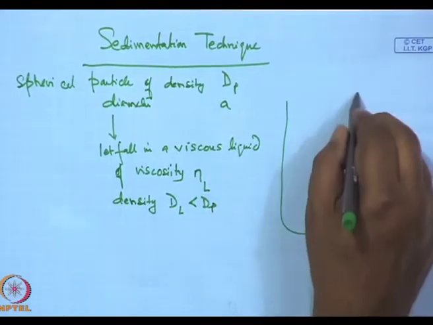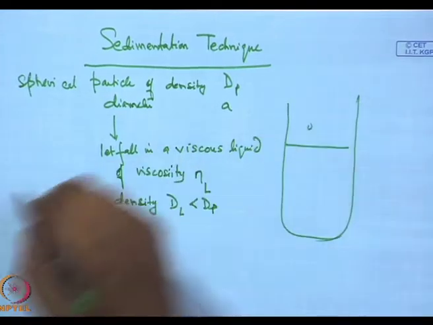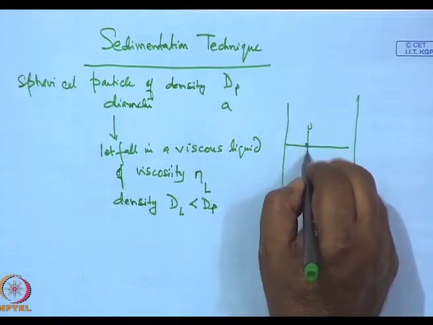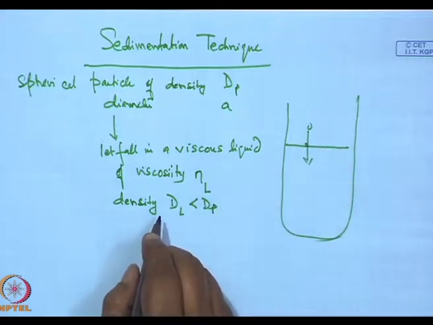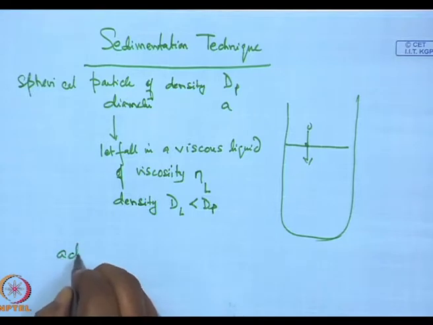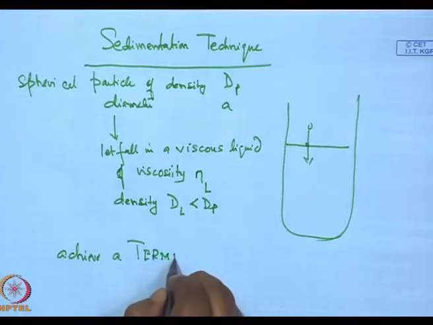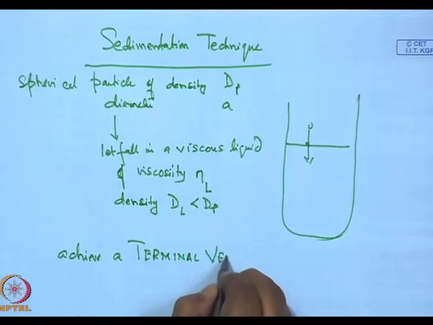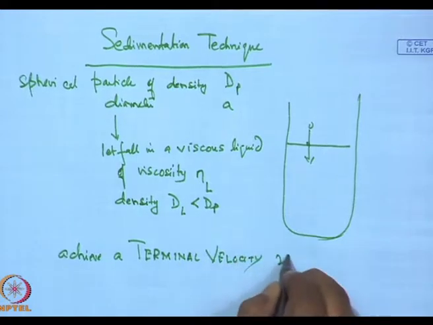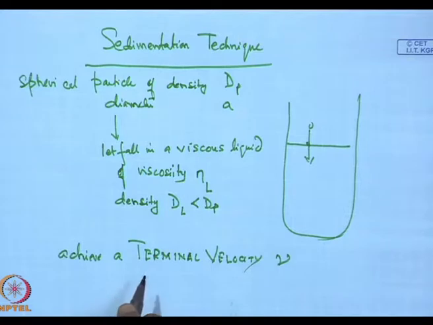Now, when we have taken this particular particle and have let it fall in a liquid, it is falling over here, it will keep falling and achieve a terminal velocity, let us say nu, because it is falling due to the action of gravity, but then the viscous liquid is also impeding its fall.